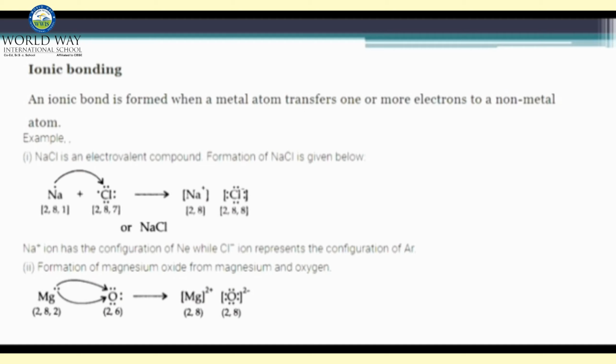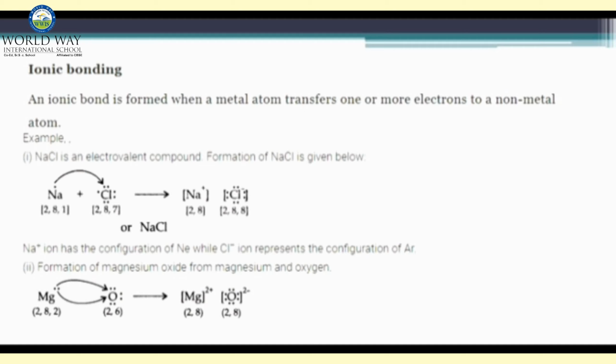After the bond formation, sodium attains the stable electronic configuration of 2,8, and the chloride Cl- ion also achieves a stable configuration on gaining one electron from the sodium atom.